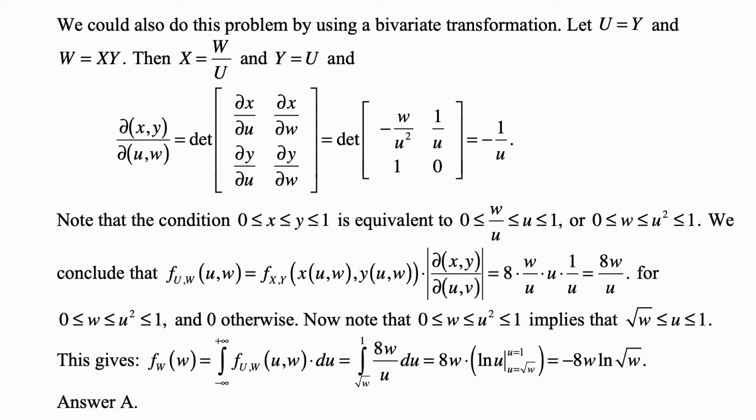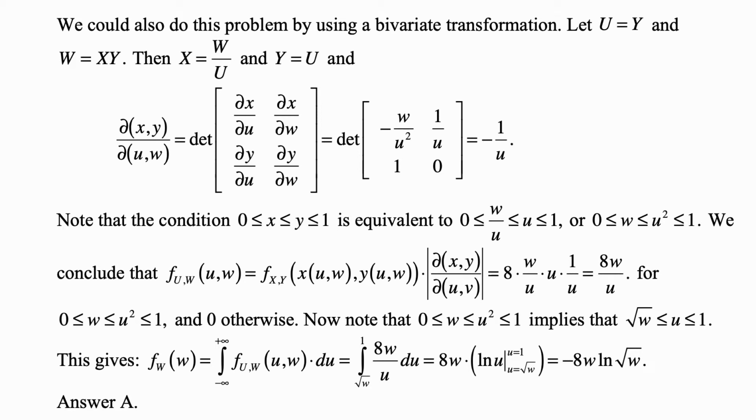Then the inverse of that transformation is x equals w over u and y equals u, and the determinant of the matrix of the partial derivatives is the determinant of the matrix consisting of minus w over u squared, 1 over u, 1, 0, and that becomes minus 1 over u. And of course we're going to take the absolute value of that in the calculation.